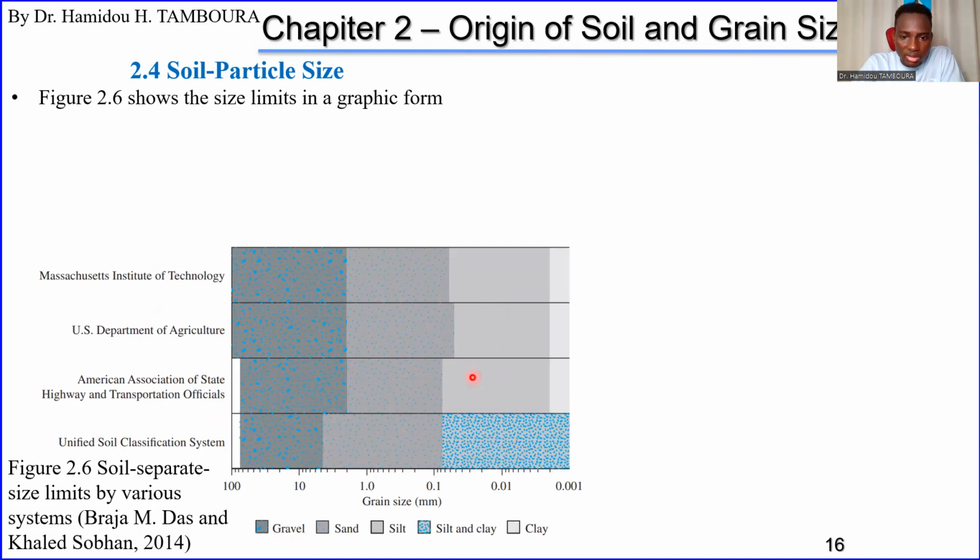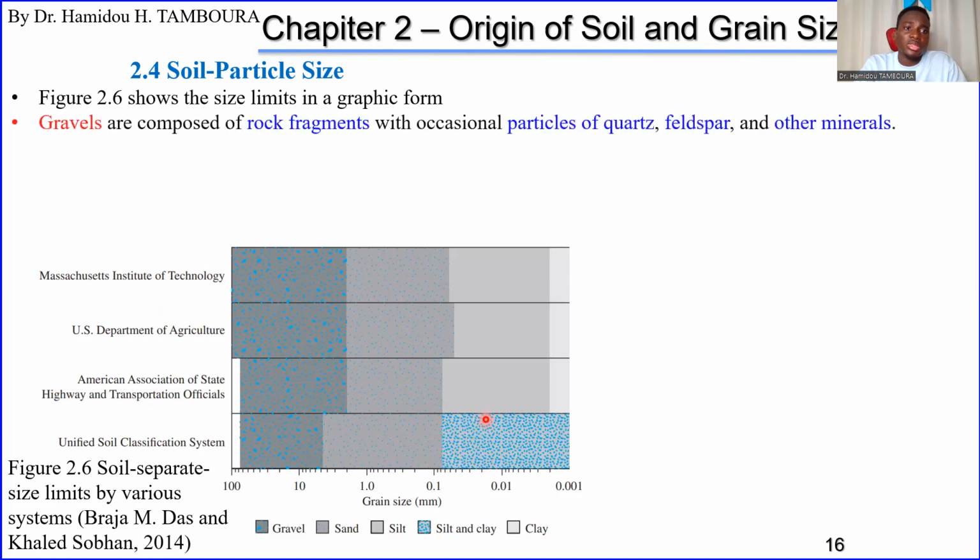Silt and clay are here for this unified system, and this is clay. This is silt, this is clay. But here they are saying just fine. The fines are just the minimum grain size.